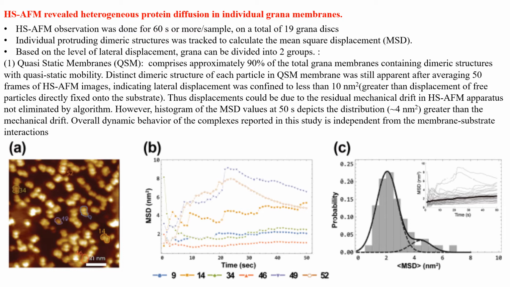Based on the protrusions that were observed for each of the time points, the dimeric protrusion for each of the individual molecules was measured, and also the mean square displacement of all of these particles was measured.